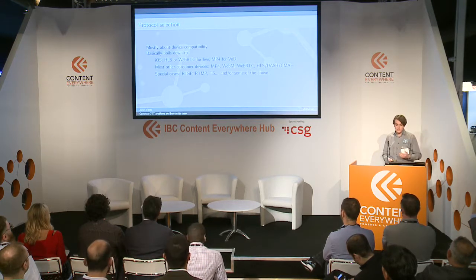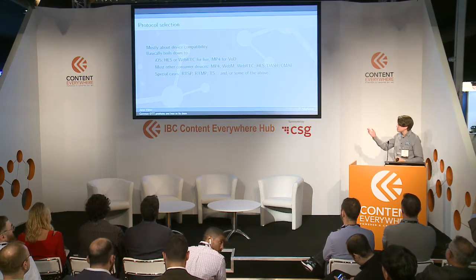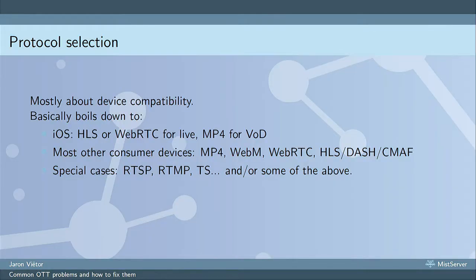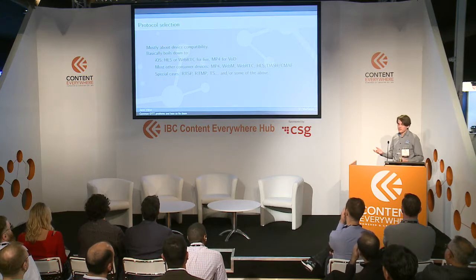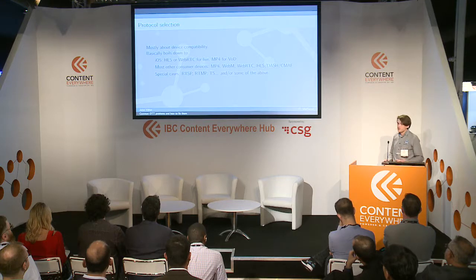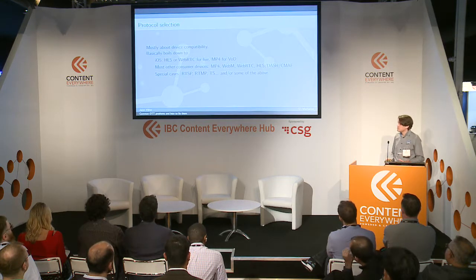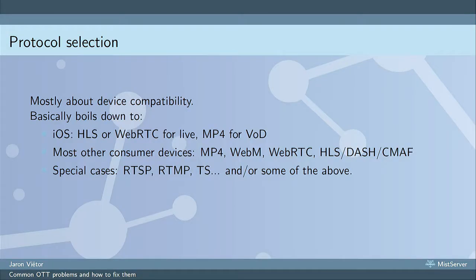For most other consumer devices, it's a mixture of protocols that tend to work roughly equally well. There's MP4 and WebM, which is similar to file downloads, except they play directly in browser. There's the fancy new kid on the block, WebRTC, which does low latency specifically. And then there's the segmented protocols, which are these days HLS, Dash, and CMAF, which are roughly equivalent nowadays.